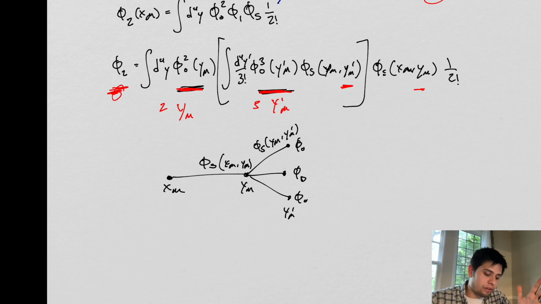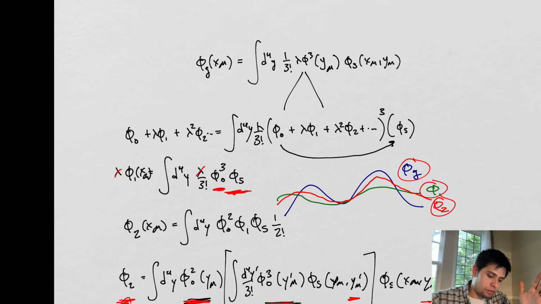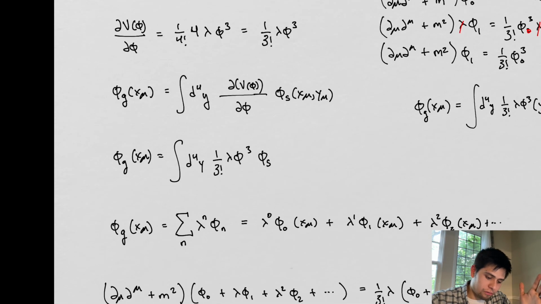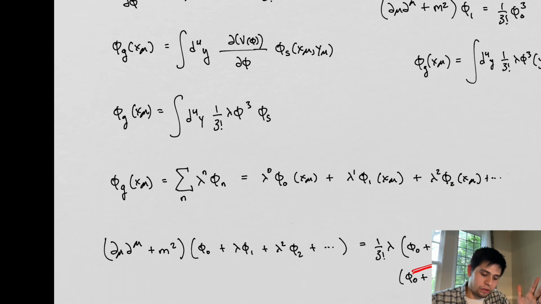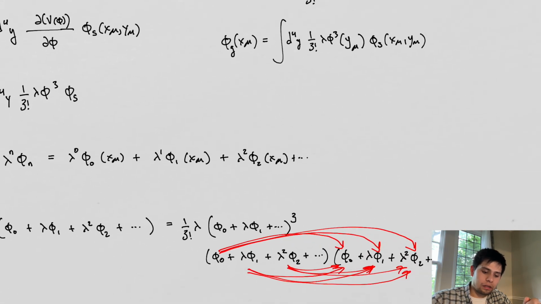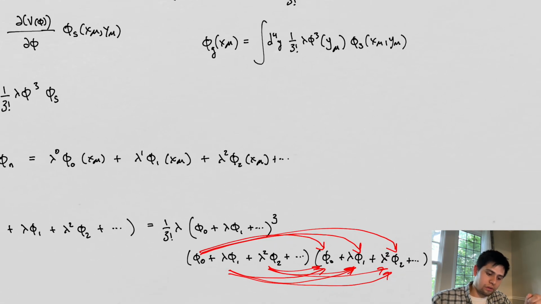In the case of self-interactions, we started off by claiming that we could perturb the general solution to the Klein-Gordon equation. And each perturbation is interacting with itself to some degree, and that degree is given to us by these powers, right? That essentially comes from this being cubed.